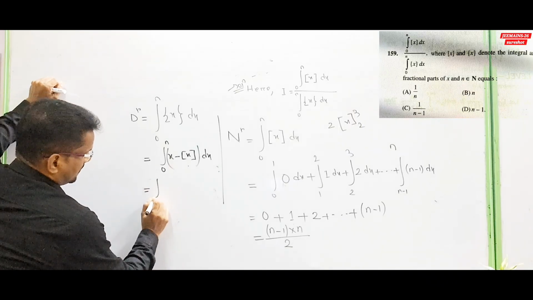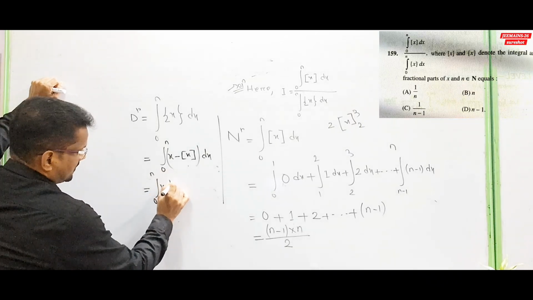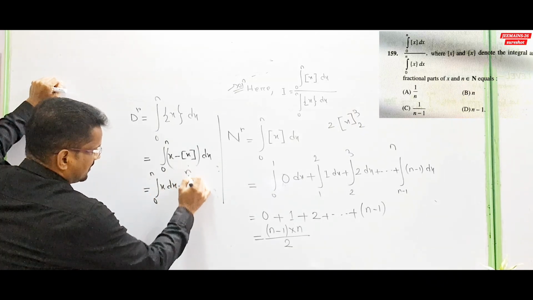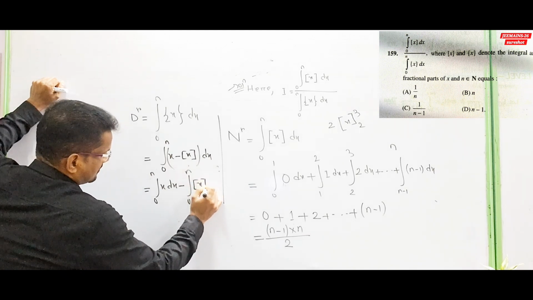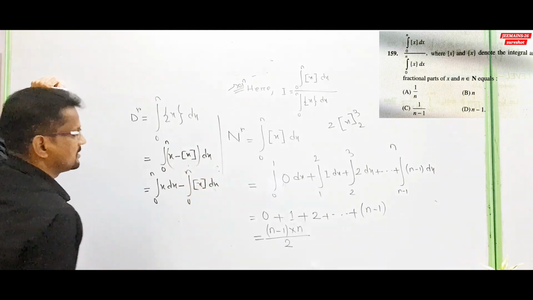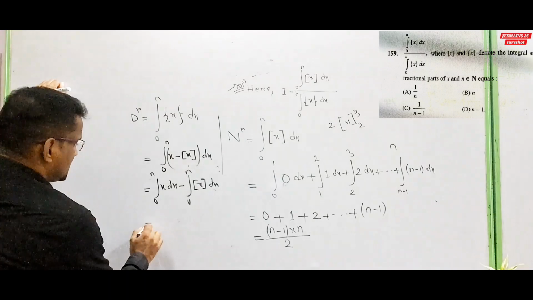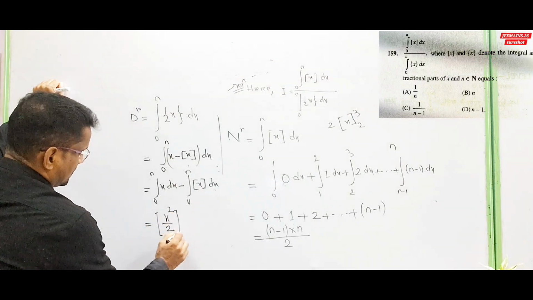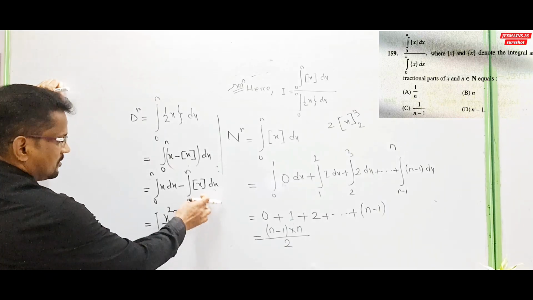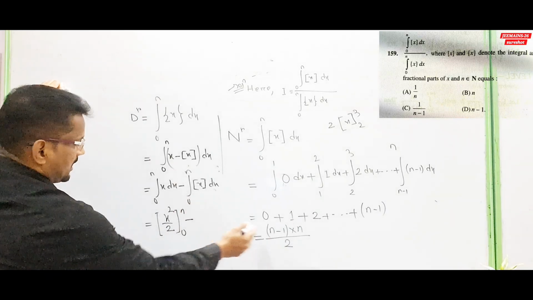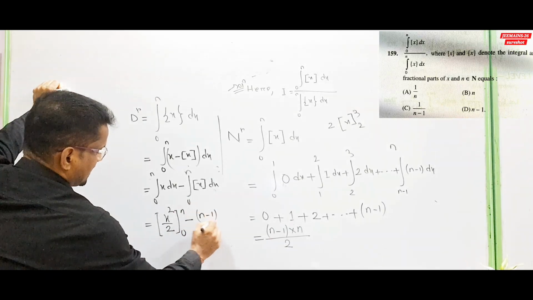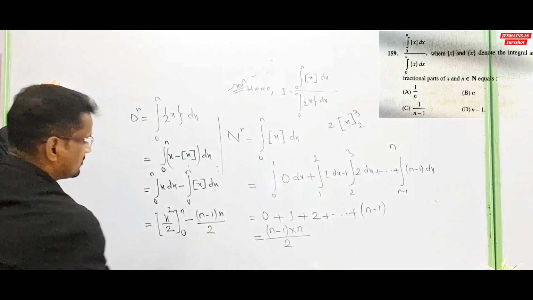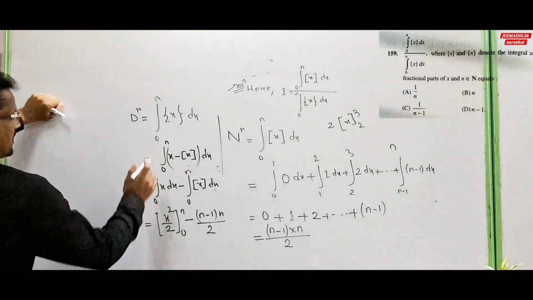Now the integration from 0 to n of x dx, minus the integration from 0 to n of the integral part of x dx. That's it. So this is nothing but x square by 2 with the limit 0 to n, minus the value we have already calculated, n times (n minus 1) divided by 2.